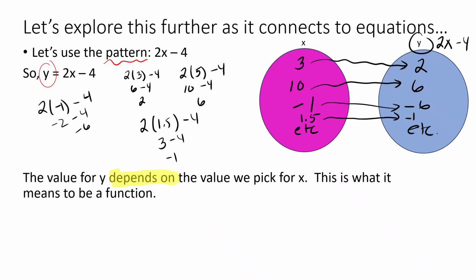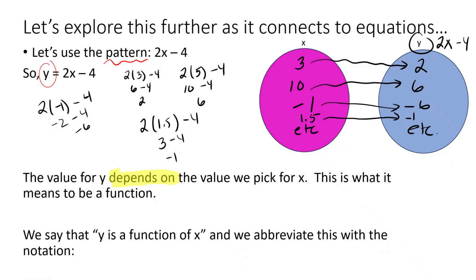This is essentially what it means to be a function, that you don't have these independent variables floating around, okay? So we say that y is a function of x, and that is how we express this. We say the y value is a function of the x value. That's how we express this dependence.